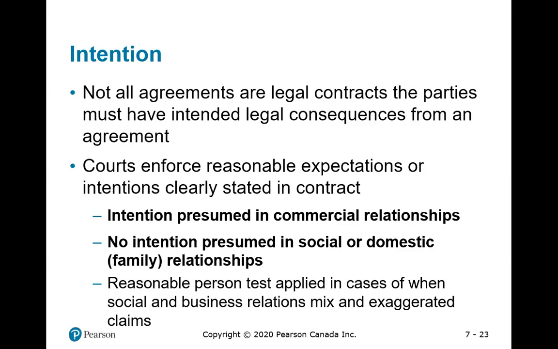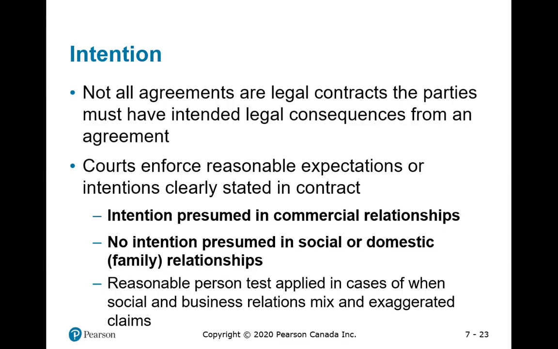And a family relationship, a domestic relationship, is parents and children, grandparents and grandchildren, uncles, aunties, and their nieces, nephews. In those, there's also a presumption of no intention. But pay attention to this: there's a presumption of no intention, but parties may refute this presumption.